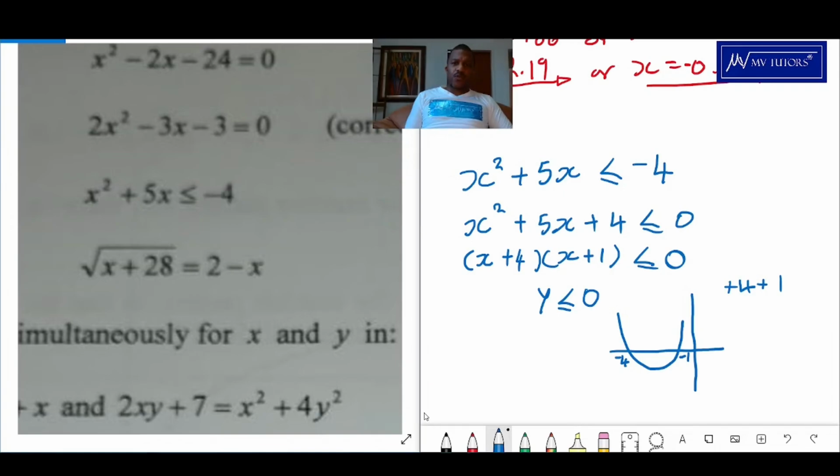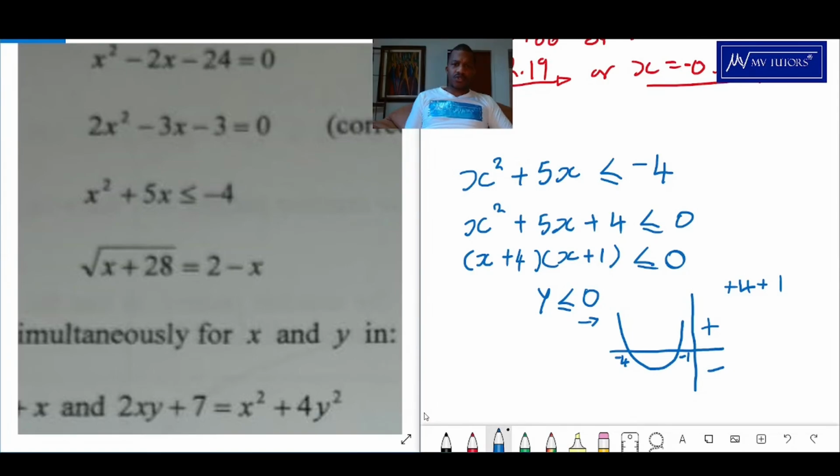Now we're always approaching from the left, right? Always approach the graph from the left going right, and we know positive values of y are this side, negative values are this side. So when we approach from here, for all these x values we are on the positive side of the graph, until we reach -4.